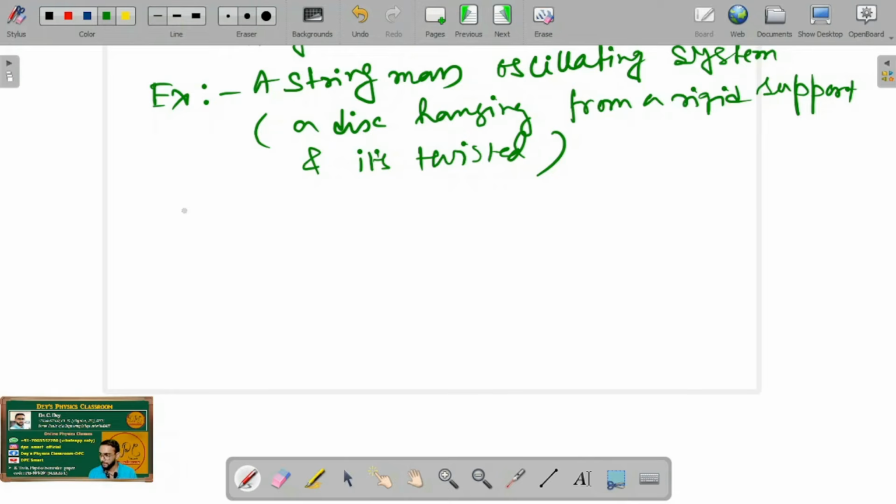Here, what are the three conditions that should be satisfied by the system? First, the motion would be periodic.